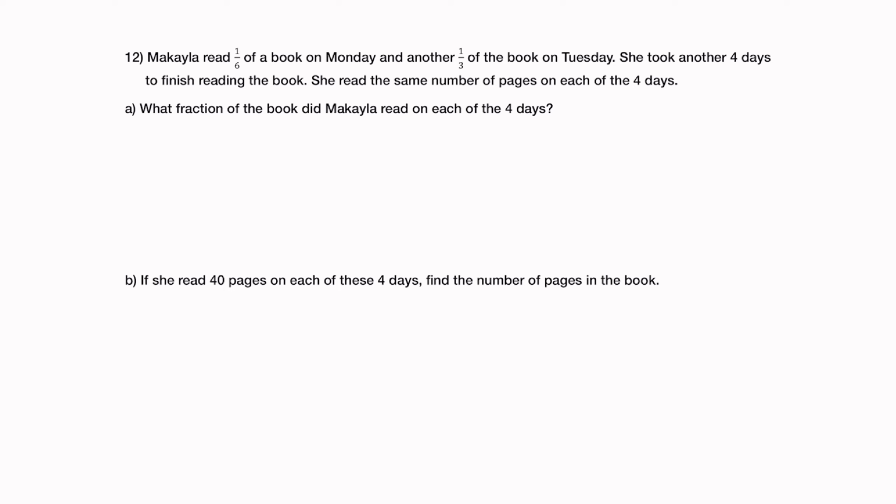Makalia read 1/6 of a book on Monday, and another 1/3 of the book on Tuesday. She took another 4 days to finish reading the book. So she's reading on Monday, Tuesday, and another 4 days. So that means in all it's 6 days, right?